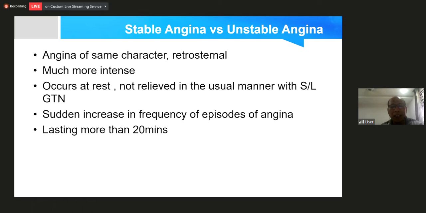How to differentiate? It depends on the ECG. The ECG for unstable angina and stable angina is the same. It can be ST depression, but for the STEMI, it will be hyperacute T waves in the acute setting.